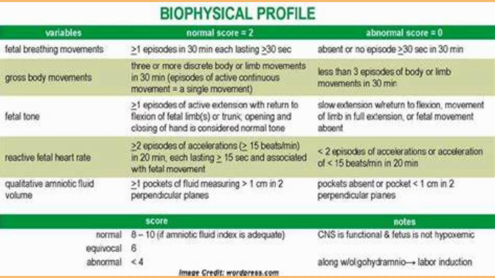For heart rate, greater than or equal to 2 episodes of accelerations in 20 minutes, each acceleration greater than or equal to 15 seconds and associated with fetal movement. And the last one, the baby has to have at least one pocket of fluid that is around 2 centimeters in 2 perpendicular planes. And 0 would be absence of a pocket that meets the criteria.